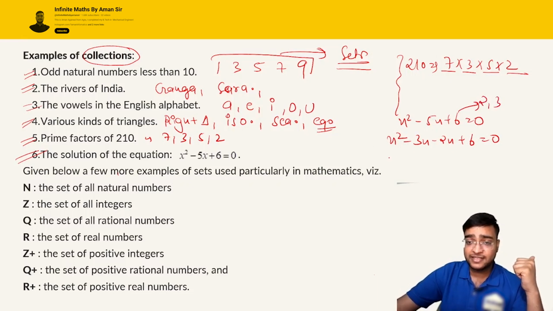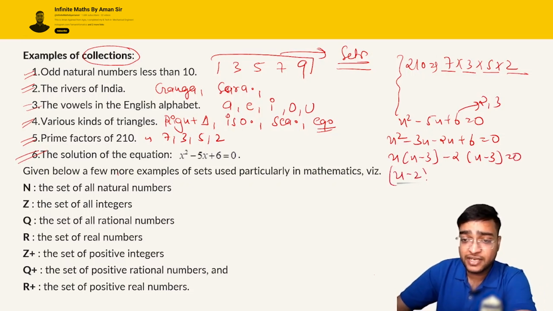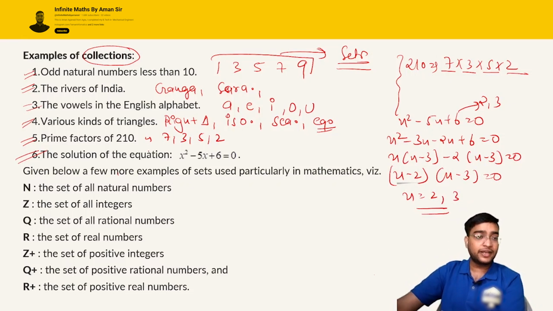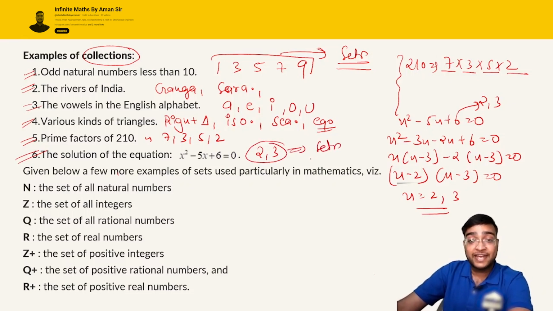So it becomes x minus 3 times x minus 2 equals 0, and the solution is x equals 2 and x equals 3. So the solutions 2 and 3 are also called a set.